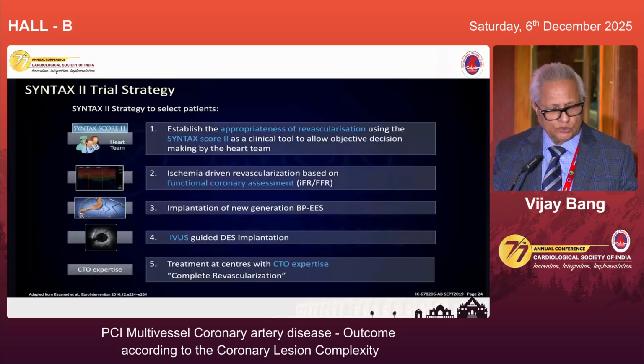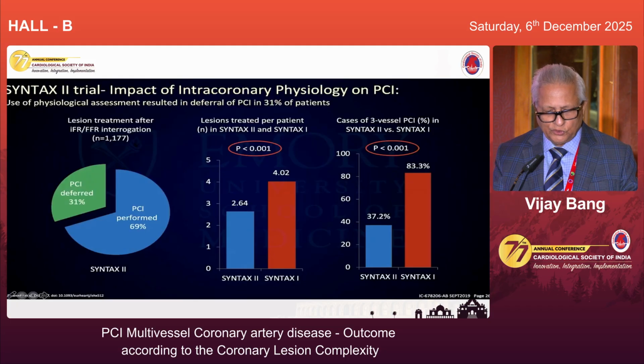So in the SYNTAX 2 trial strategy, in addition to using SYNTAX 2 score, we are doing iFR, we are doing IVI, and deploying new generation stents. And CTO, as I said, has improved overall due to skill development and also the device development.